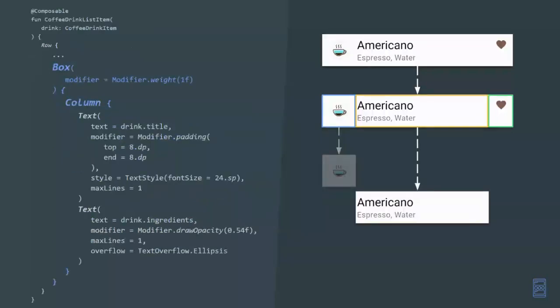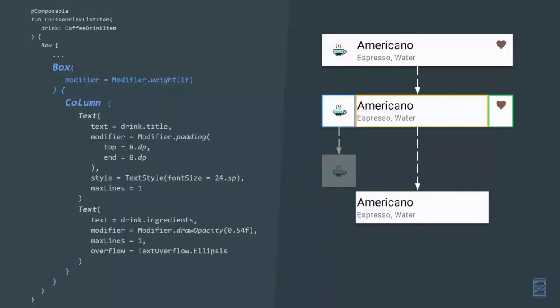So for the next component, we should use a box because we don't have a really predefined size of it. We want to use the weight property to spend all available space between the icon and the favorite state. And inside this box, we can use a column with a title and some list of ingredients.